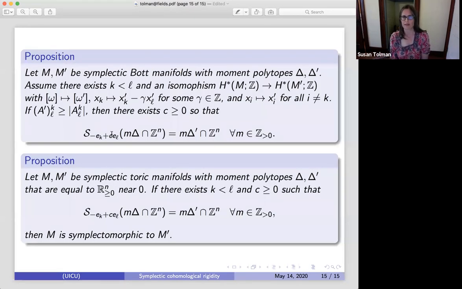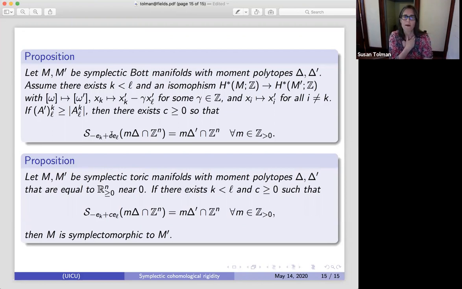C greater than or equal to 0, so that I can multiply by any m. Looking at m delta and m delta prime just means that I can expand my polytope as much as I want, so that I can get from the integral points in the polytope delta to the integral points in the polytope delta prime just by sliding.